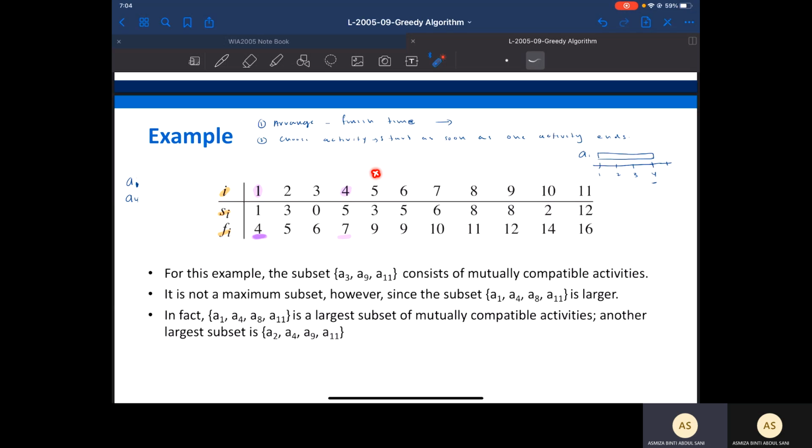Not 5 because it starts at 3, not 6 because it starts at 5, not 7 because it starts at 6, and perhaps the next best one is activity 8. Right? So activity 8 ends at time 11.